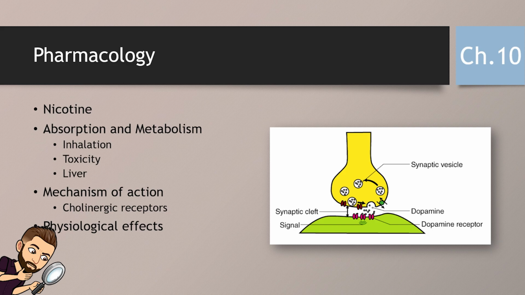In terms of the physiological effects here, we can talk about this from a couple different fronts. We can talk about nicotine in terms of its acute problems. We can see this in terms of tremors or convulsions, or even potentially some paralysis of muscles used in respiration.